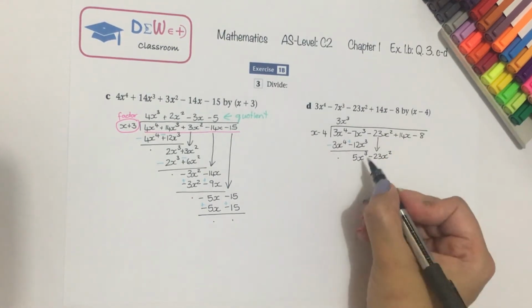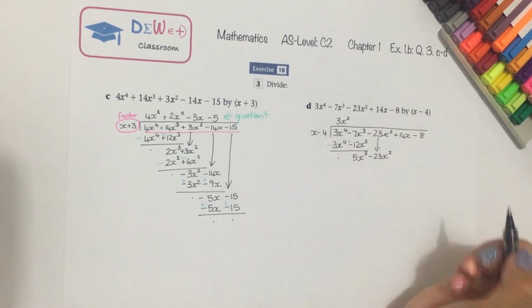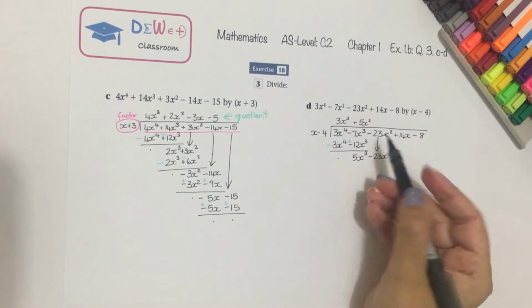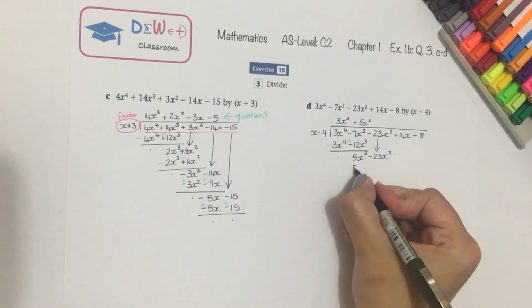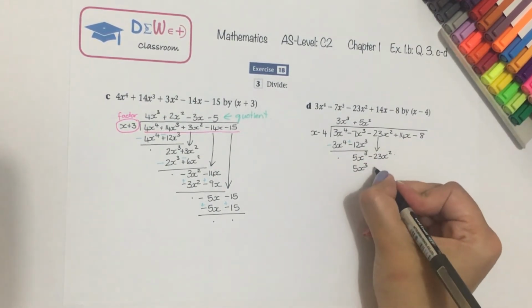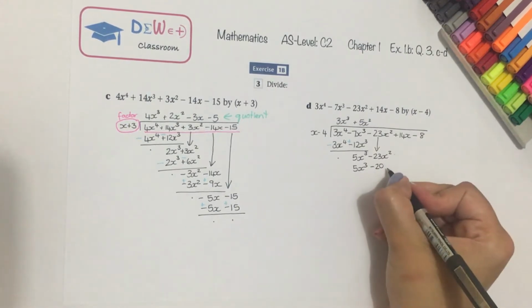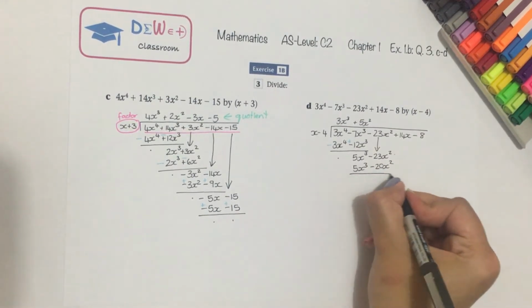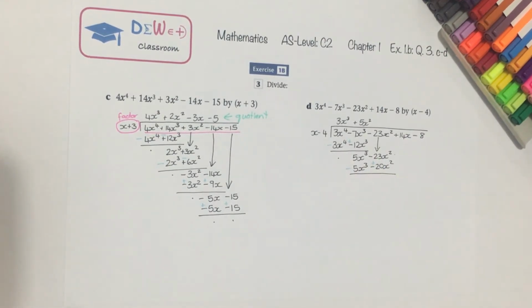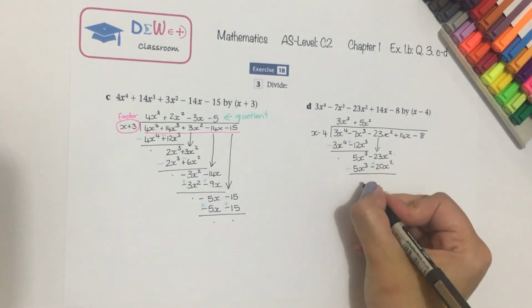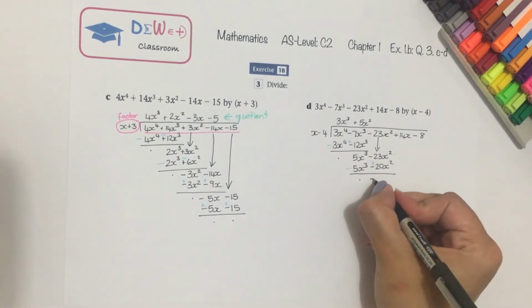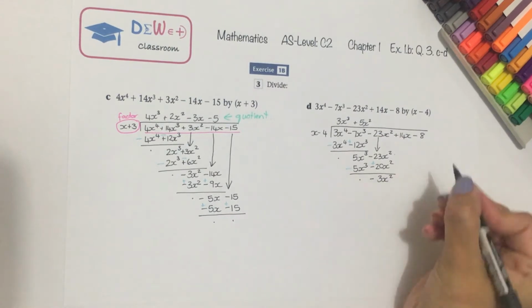And we start the process again. 5x cubed divided by x is 5x squared. 5x squared times x is 5x cubed. 5x squared times 4 is negative 20x squared. We need to subtract them, so we change the signs. 5x cubed minus 5x cubed is 0. Minus 23x squared plus 20x squared is minus 3x squared.